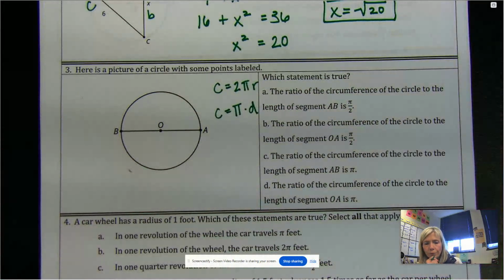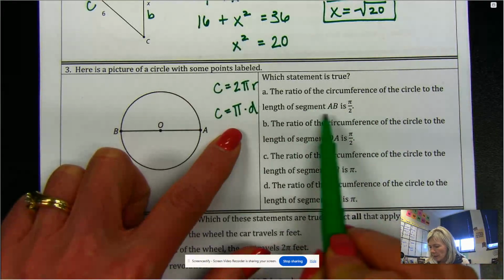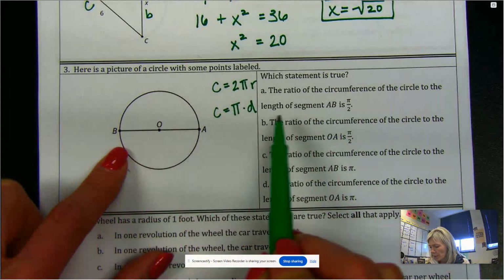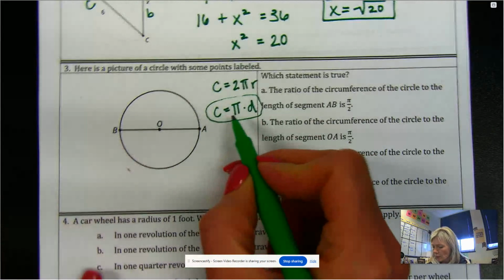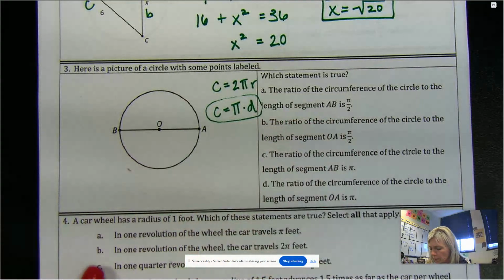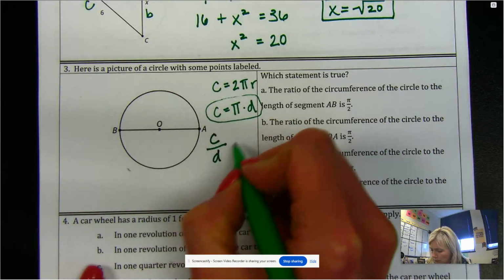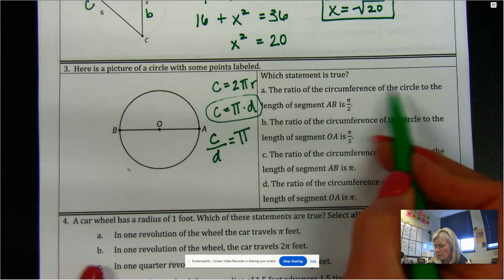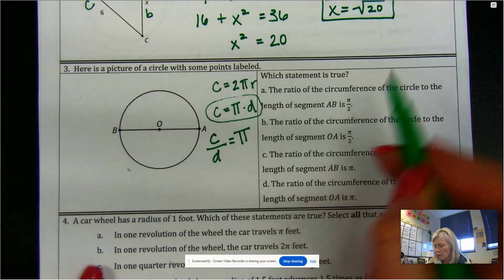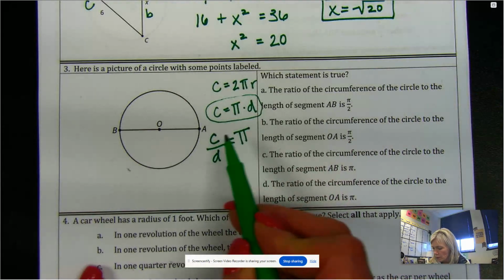So if I were to talk about the ratio of the circumference to the length of segment AB, which is the diameter, I think I would use this equation. So if C is equal to pi times the diameter, then the ratio of circumference to diameter has to equal pi. The ratio of circumference to the length of segment AB is pi over 2. It's not pi over 2, it's just pi, so not that one.